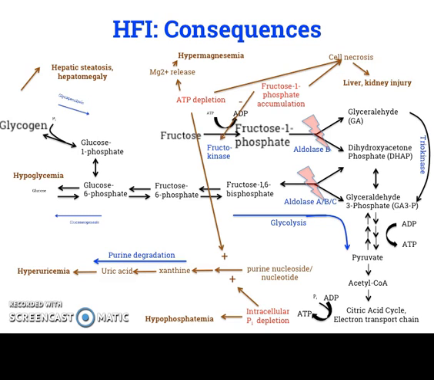Finally, fructose 1-phosphate accumulation produces a negative feedback on the enzyme fructokinase, resulting in a buildup of intracellular fructose. This limits hepatic fructose uptake because of the change in the concentration gradient, and this results in fructosemia, or high fructose in the blood, and fructosuria.